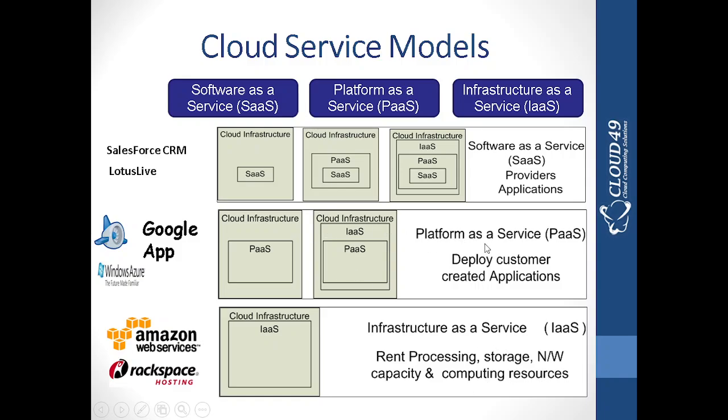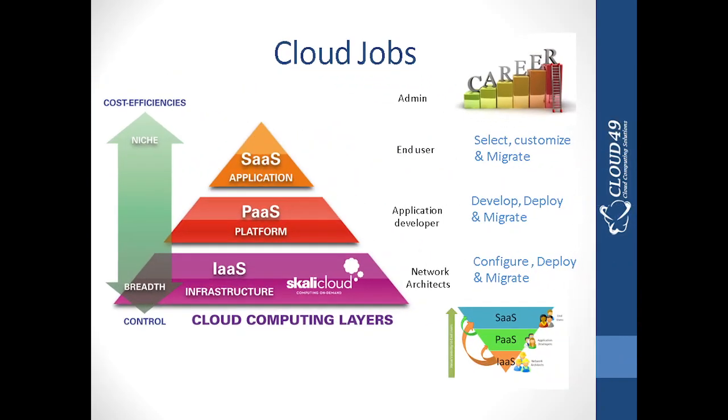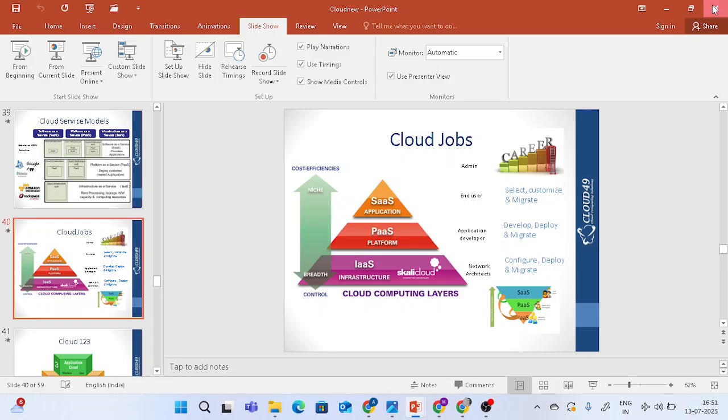In platform as a service, PaaS, you deploy customer-created applications. In software as a service, they provide the applications. A very simple example is that Office 365 is a very good example of SaaS. Now we are moving again to the PPT so that we will complete it very fast. So this is all about cloud computing.